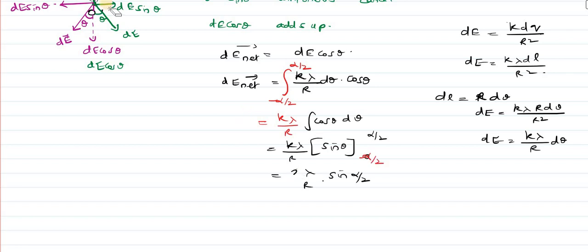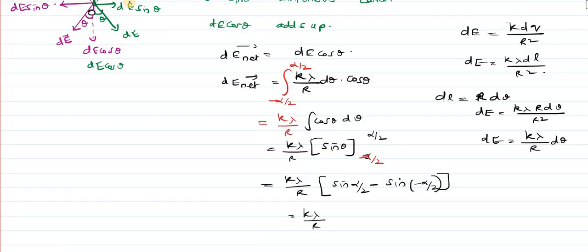So this will be k lambda by r, sin alpha by 2 minus sin of minus alpha by 2. So k lambda by r, sin alpha by 2 plus sin alpha by 2, which will give me 2k lambda by r into sin alpha by 2. Clear?